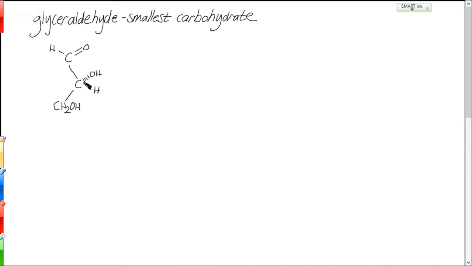But yeah, so that's a good start. And then we got to make sure to get that oxygen away like this. So the zigzag is going this way, the aldehyde's on top, and the oxygen is pointing away.